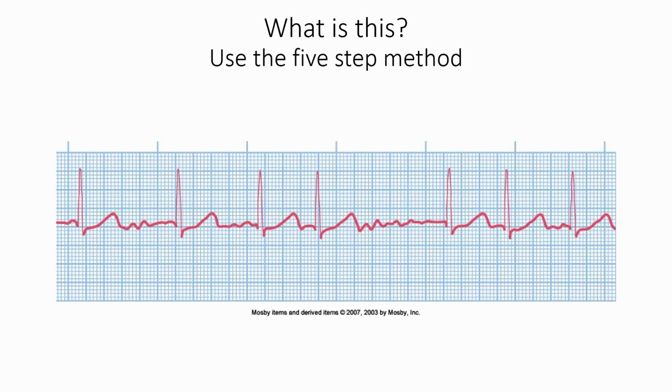And when I look at my QRSs, they're all similar in appearance and within defined limits. Now in the 5-step method, I know if I have something wrong with my P waves that it is an atrial dysrhythmia, and I only have 2 atrial dysrhythmias. So this one is irregular, and the other thing, remember I told you it's very ugly, it's very chaotic between your QRSs. So this is AFib right here.